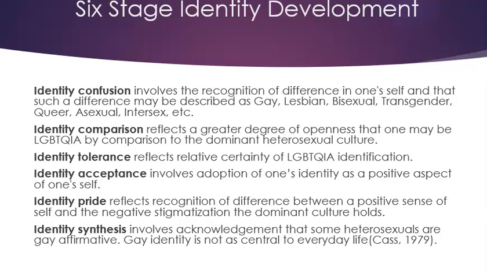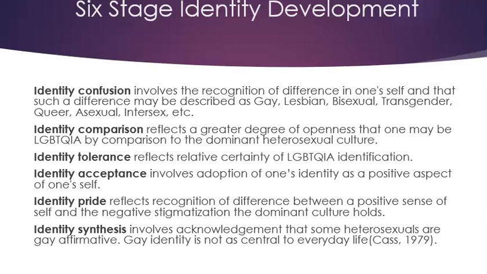A second stage is identity comparison, where one compares themselves to the larger dominant heterosexual culture. Then identity tolerance, which reflects relative certainty of LGBTQIA identification. Identity acceptance involves the adoption of one's identity as a positive aspect of oneself.